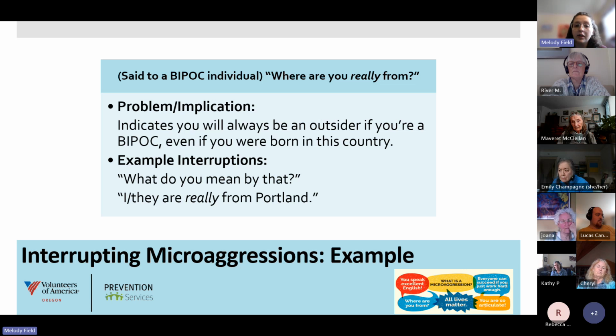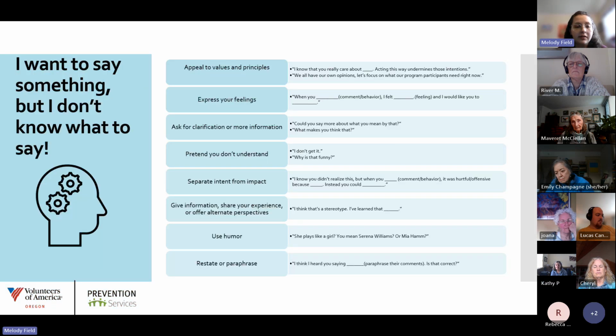And I feel like what you're speaking to is kind of separating impact versus intent, which is on this slide, and I do want to review what the examples were here, like saying, I know you didn't realize it, but when you said X, Y, or Z, it was hurtful to me, because it made an assumption about where I'm from or whatever it may be.